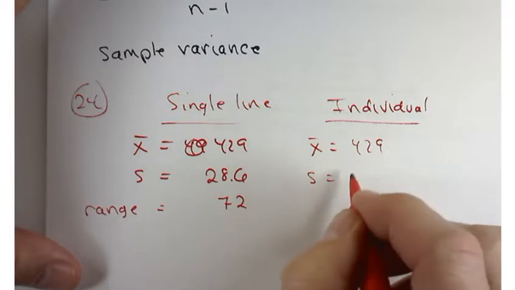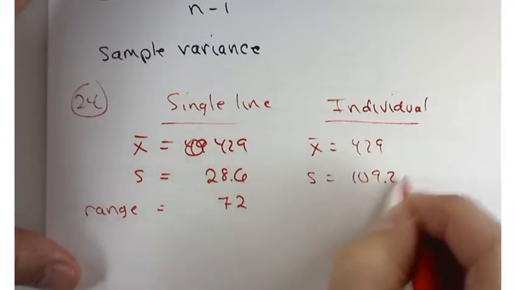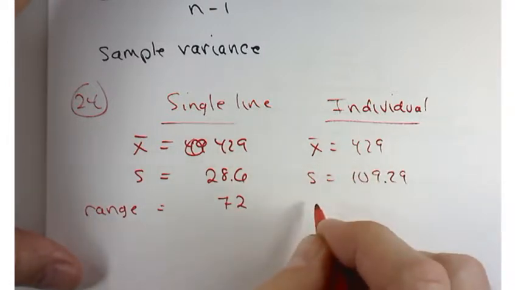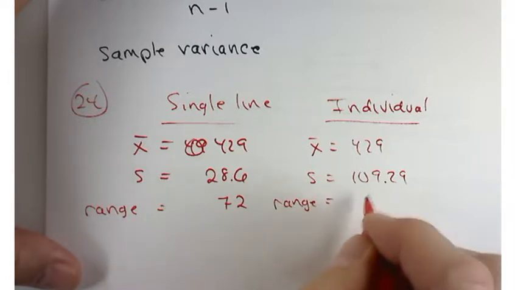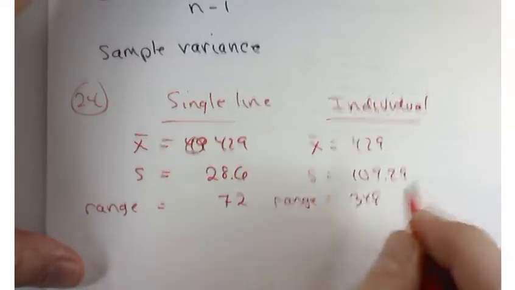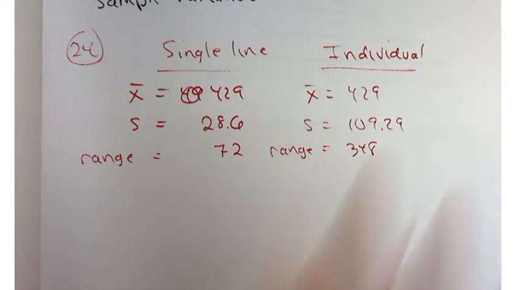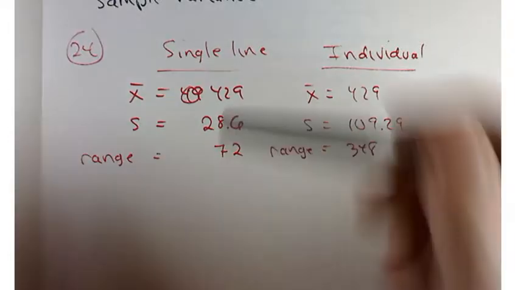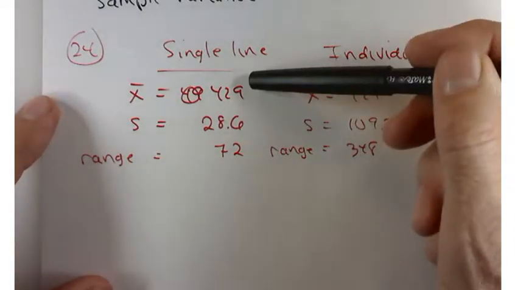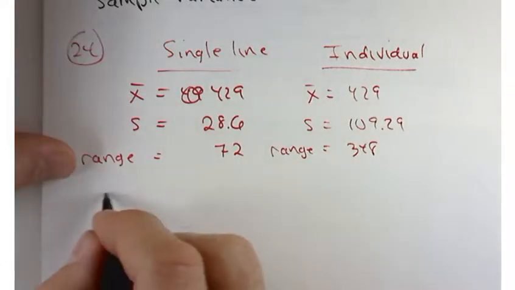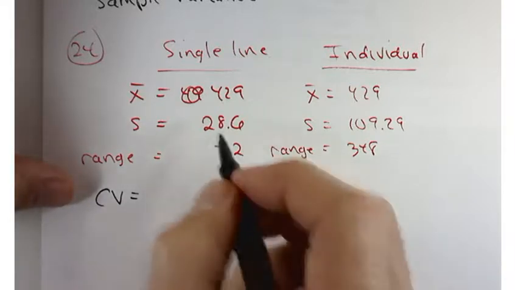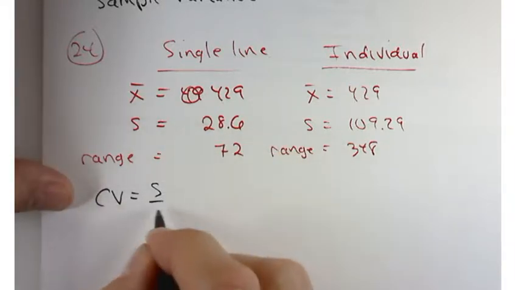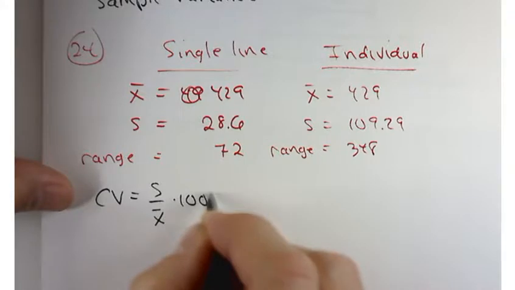Here the standard deviation is 109.29. And the range was 348 seconds. So we're going to calculate the coefficient of variation. Find out, compared to the mean, how much variability was there. So coefficient of variation is going to be the standard deviation divided by the sample mean times 100%.